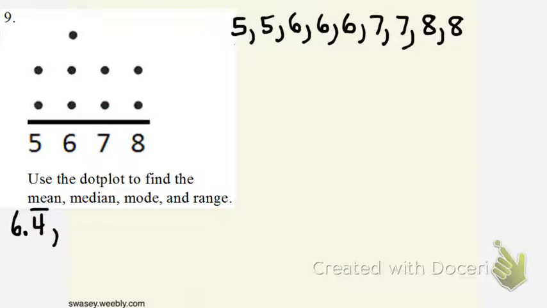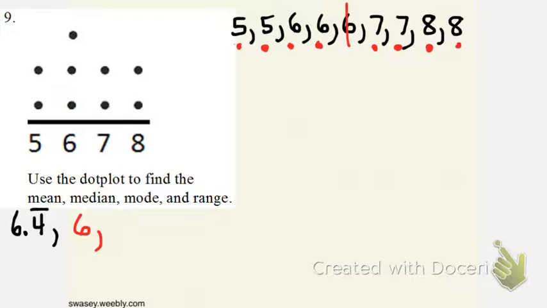You can kind of take one away from each side until you get to the center. If there's one number in the middle, it's the middle number, it's the median. If there's 2, then you'll add them up and divide by 2.